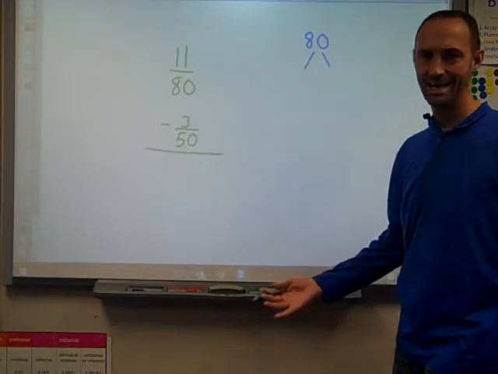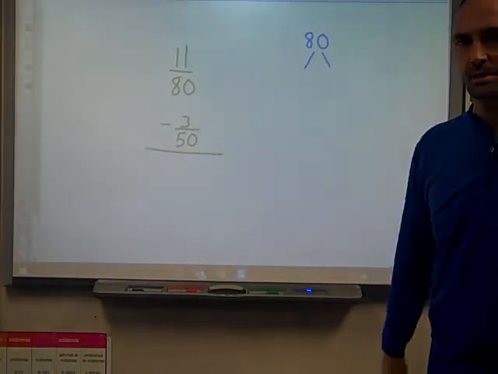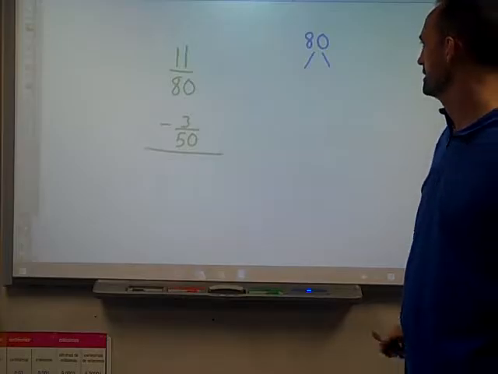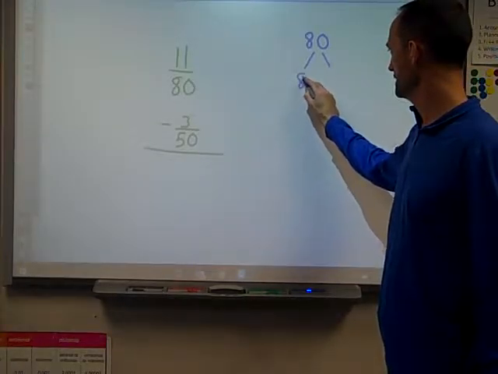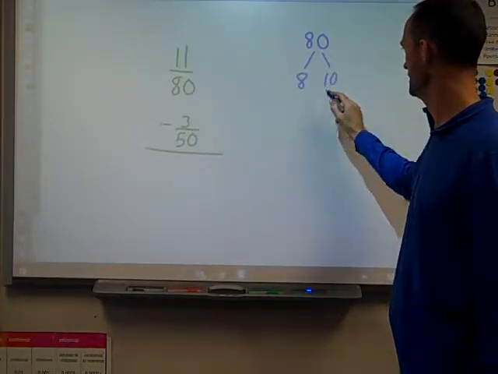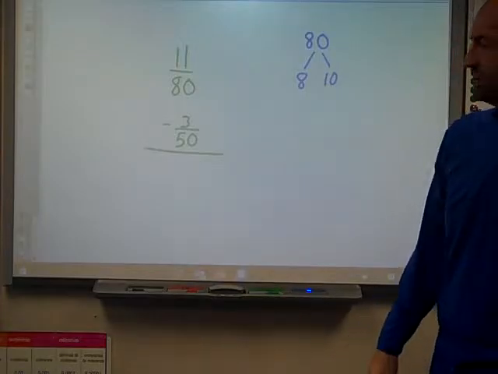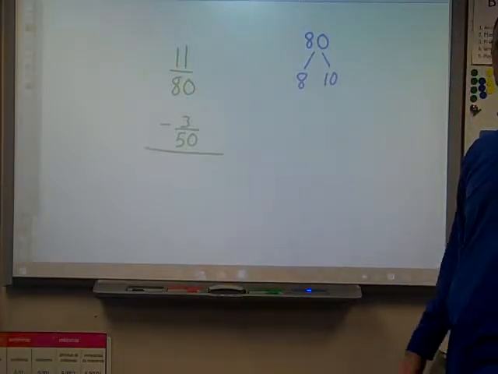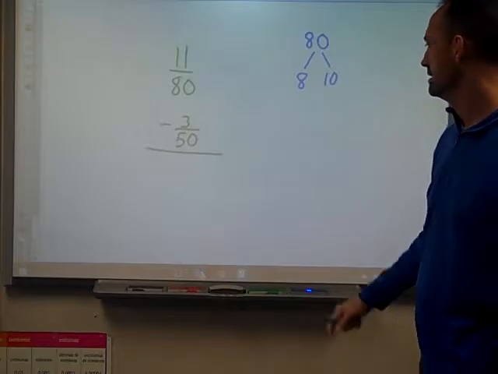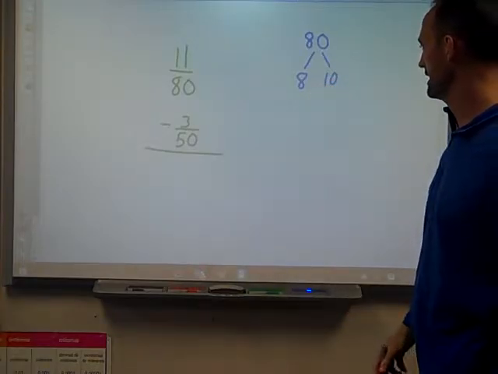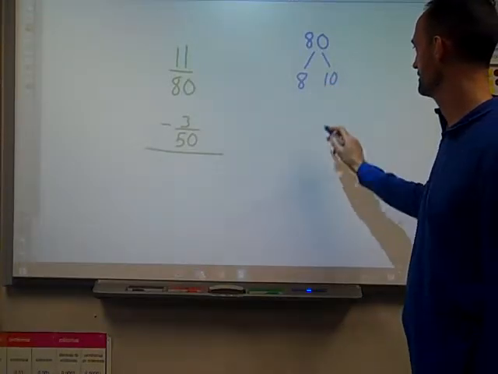Starting with 80, any two numbers that we can multiply together to get 80, we're going to do 8 times 10. We could do 4 times 20, 16 times 5, 2 times 40. Any of those will work, but we'll take 8 times 10.